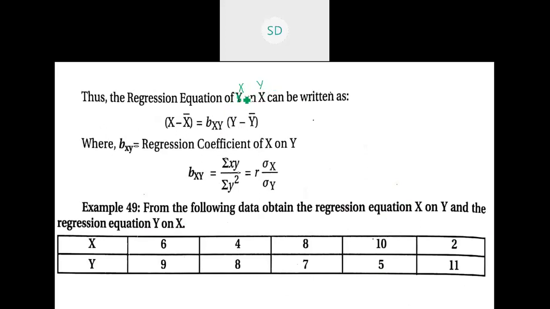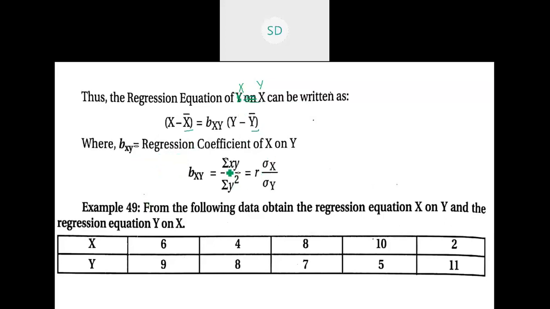So x on y can be written as x minus x bar is equal to bxy into y minus y bar. So what does all this mean? X bar is the arithmetic mean of the x series, y bar is the arithmetic mean of the y series, and then you have bxy, which is the regression coefficient. Now what is the formula for the regression coefficient?